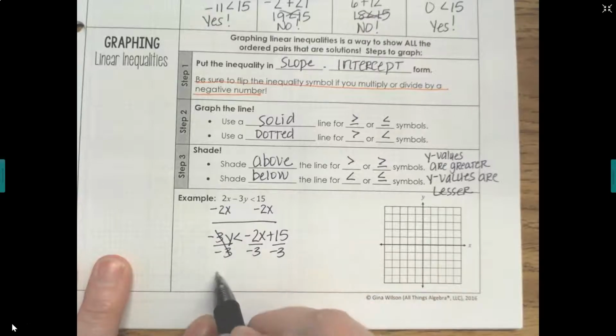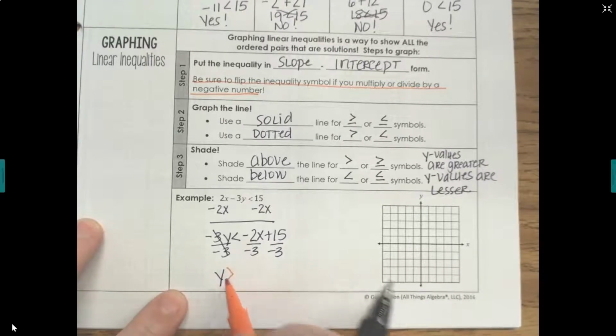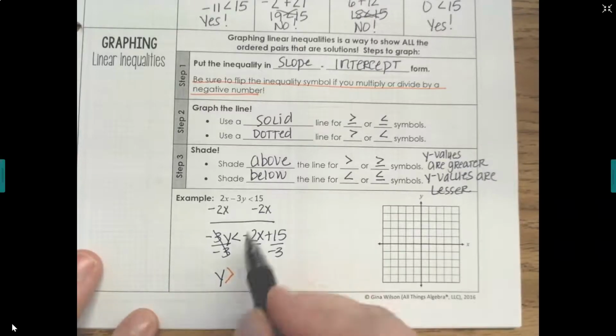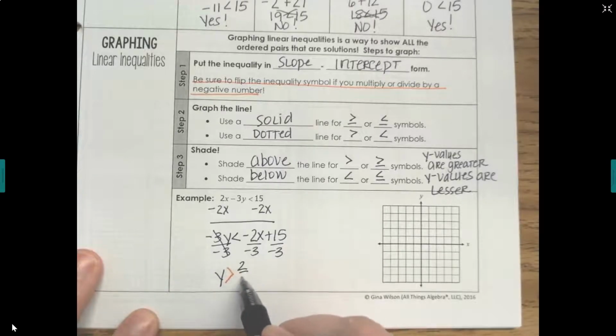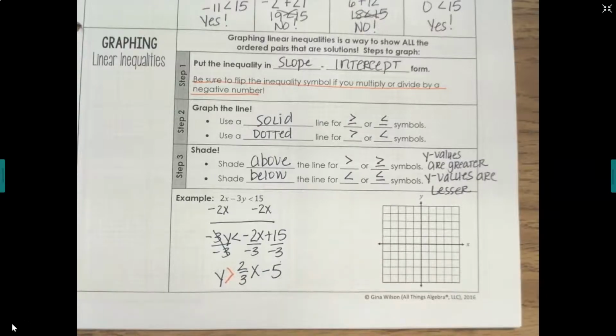These cancel to a positive 1, so y, I divided by a negative number, so my inequality is going to change directions here because of that. Then I have negative 2 divided by negative 3, leave it as a fraction, becomes positive 2 over 3x. That's our slope. Positive 15 divided by negative 3 is negative 5.